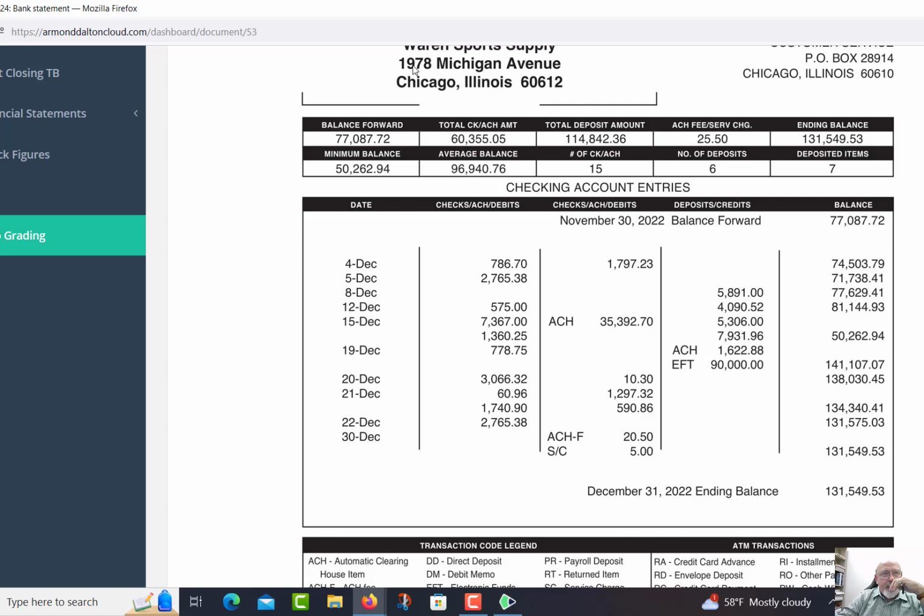So once again, remember the periodic system: we're going to do an inventory calculation of cost of goods sold. We start with beginning inventory, add net purchases, subtract ending inventory, and we get cost of goods sold.